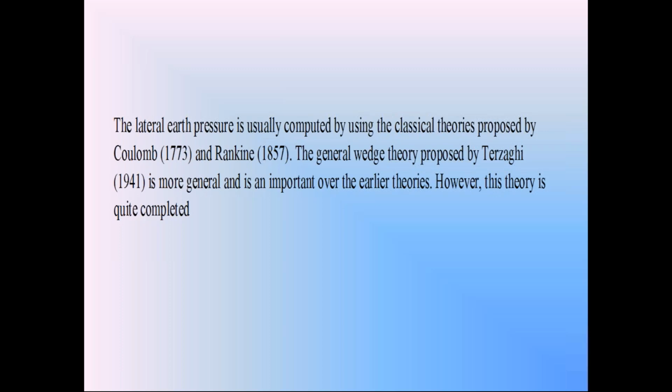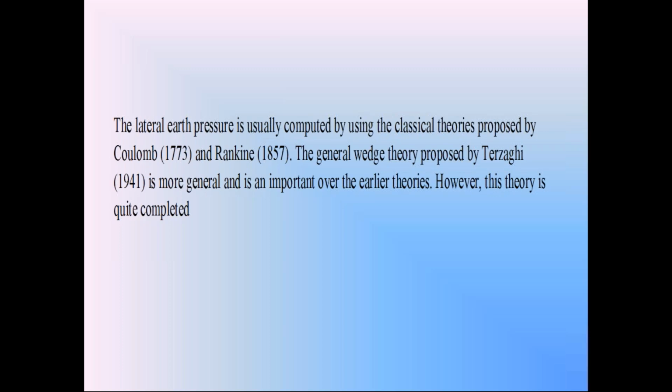What is the Coulomb theory? What is the equation of the Coulomb theory to find out the magnitude of lateral earth pressures acting on the retaining walls? We will discuss that in the further classes. Then the next one is Rankine theory in the year 1857. Then Terzaghi also proposed the wedge theory to calculate the magnitude of lateral earth pressure acting on the retaining wall, that is in 1941.